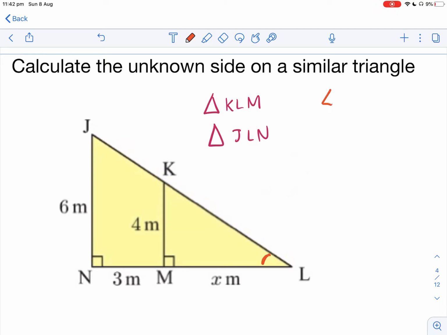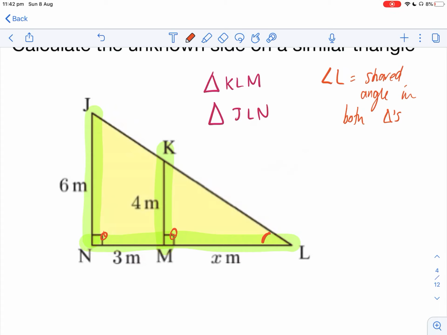So you might say angle L equals angle L, shared angle in both triangles. And then I can see here that this angle here and this angle here, this again makes a capital F shape, so these 2 angles must be corresponding.